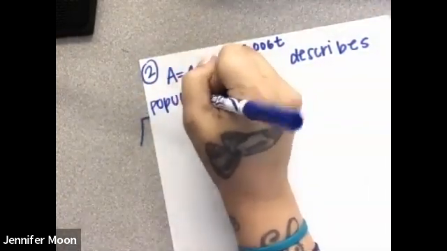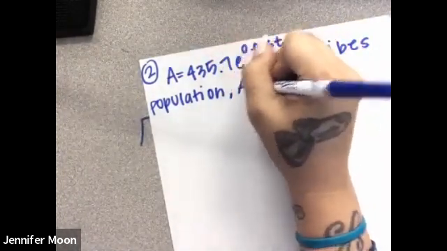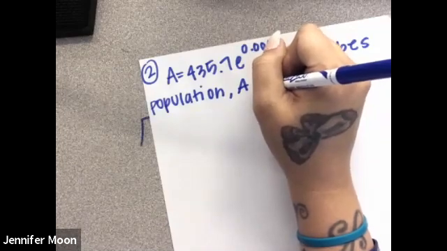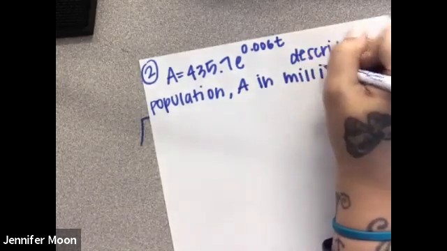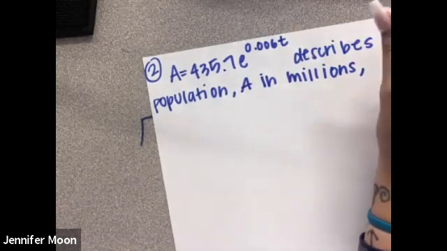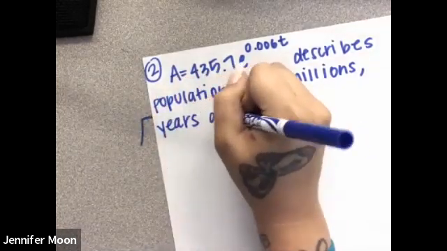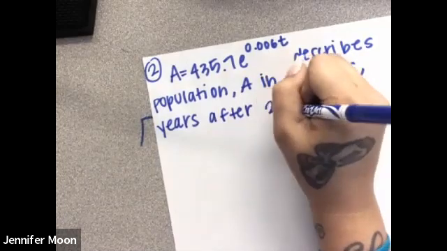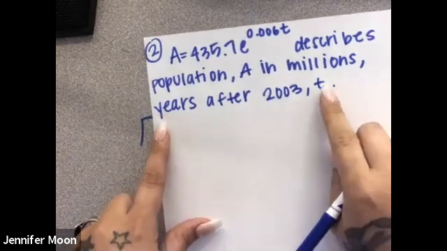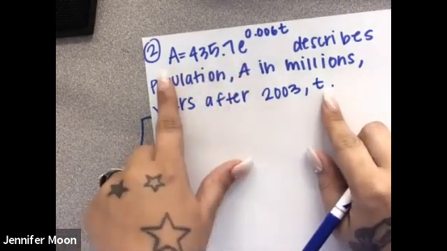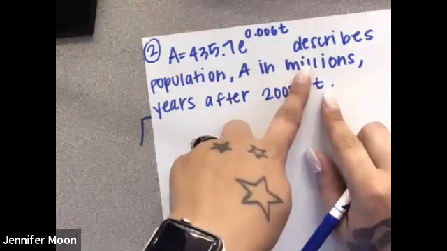Okay, so this describes population, comma A, in millions, and then comma years after 2003. I just did comma T. That's my years after 2003, that's my T. My A, right here, is going to be the population in millions once I solve the problem.